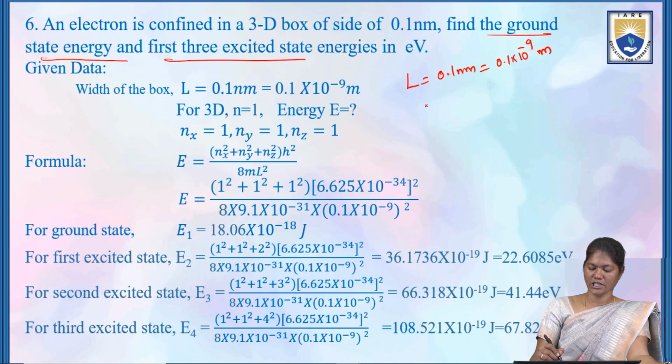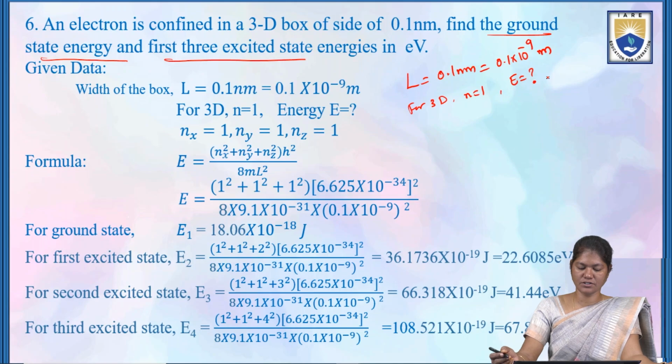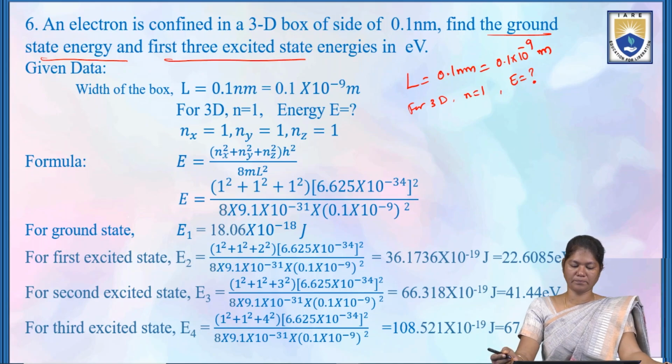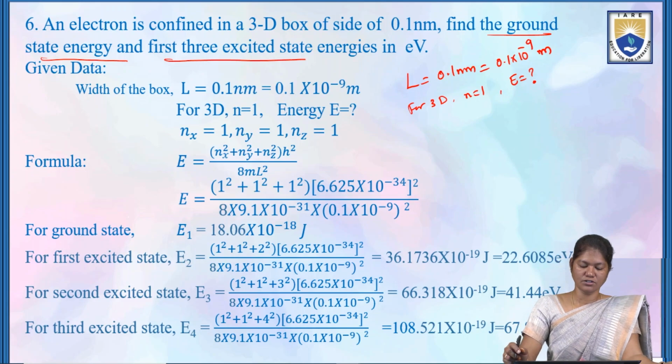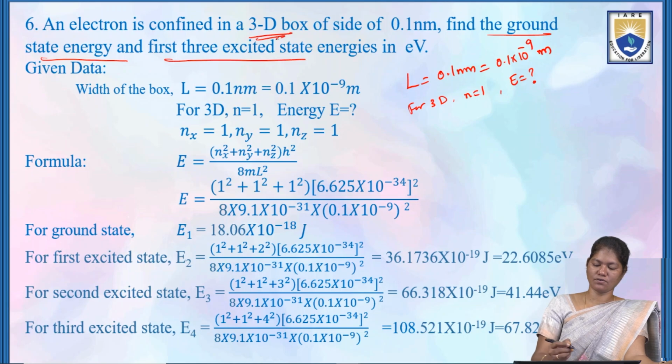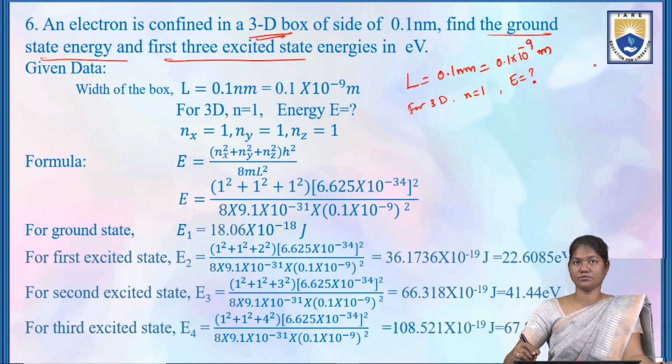For a three-dimensional box, we need to find the ground state energy and the first three excited states. In the x, y, z axes, nx equals 1, ny equals 1, nz equals 1.